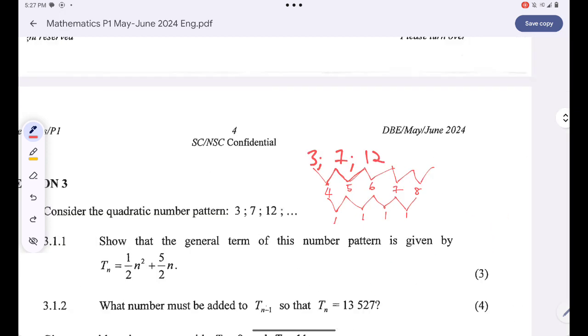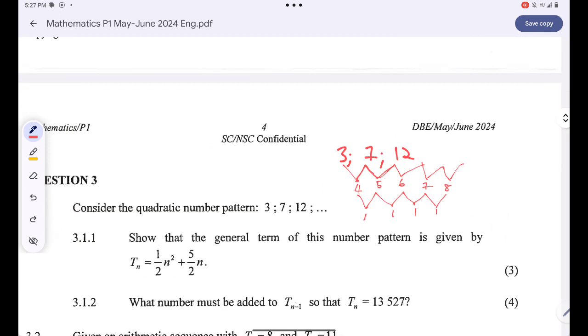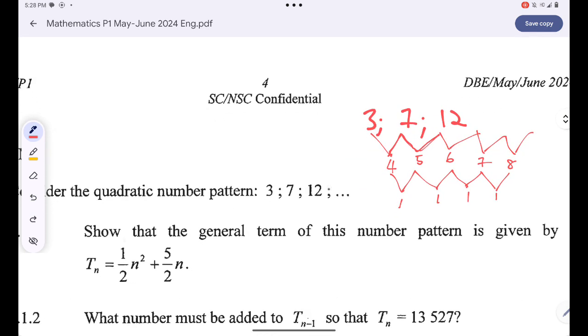Now they just want me to show that the general term of this number pattern is given by this. Remember, the equation that we use to find the general term says Tn equals an squared plus bn plus c. If I can find the values of a, b, and c, I can show that my general term is equal to that one.